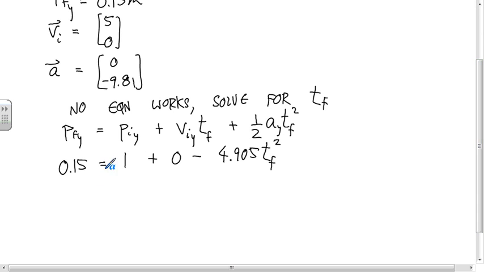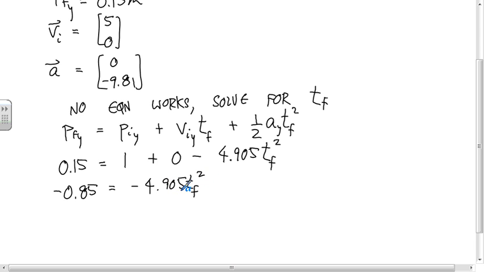So subtract 1 from both sides and you get negative 0.85 is equal to negative 4.905 TF squared. And now divide both sides by negative 4.905. I didn't do that step, but divide both sides by negative 4.905.